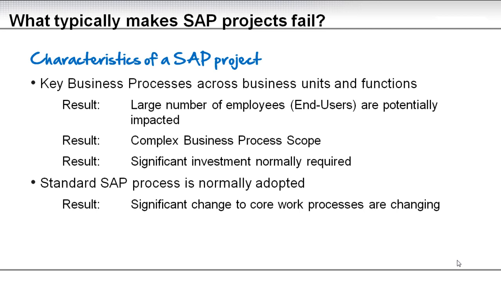The result is that in many companies and organizations, the current business processes do not fit with SAP, or do not fit 100%. Therefore, there is a significant change that needs to be implemented to those current processes in the implementing organization.